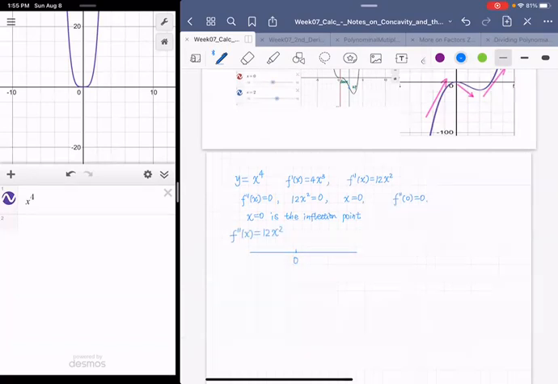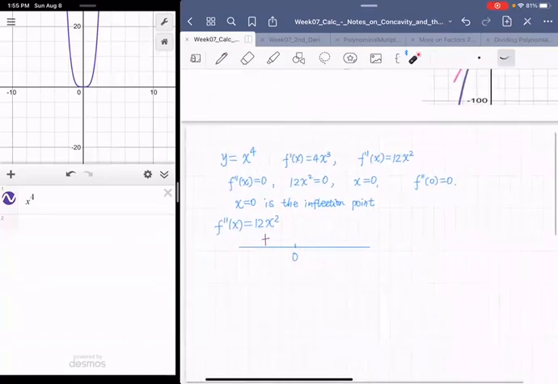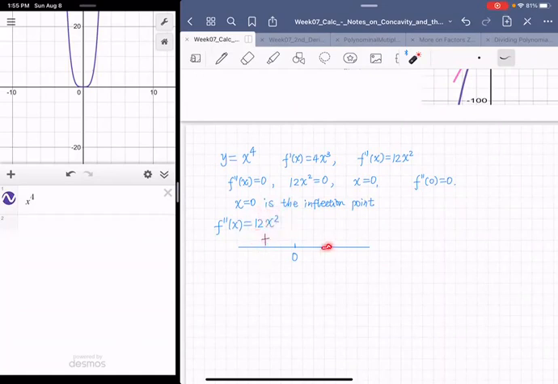Look at this. On the left, when x is negative, is this positive? Yeah. Negative square is positive. On the right here, your second derivative is also positive, correct? Yes. Right. Positive change to positive. No, this is not called a change.